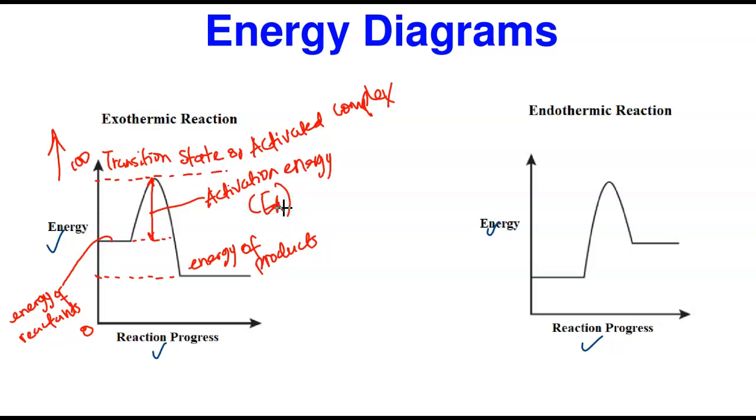And then, we're not done yet. Now, if you look at this, the energy of the reactant and product is not the same. The energy of the product is less than the energy of the reactant. So let's put this. Energy of the product is less than the energy of the reactant. In this type of reaction, that's what we call exothermic reaction. And in exothermic reaction, the energy of the reaction is negative. So the difference between the energy of the product and the reactant, I'm going to use a different color.